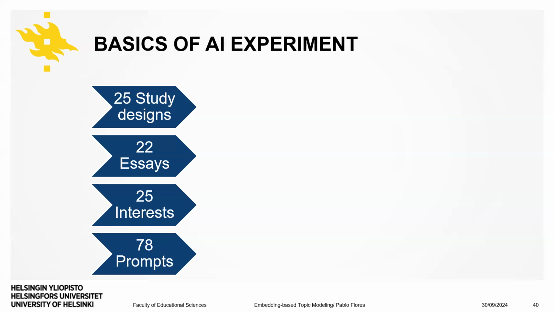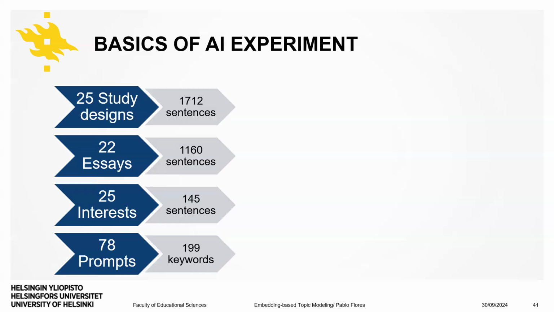So the issue that I have is that we need to pre-process this text, and I decomposed it in sentences. Why did I do that? First, because these numbers don't represent a good sample size for topic modeling. Even though you can try to extract some things, it's going to be very fuzzy and unreliable.